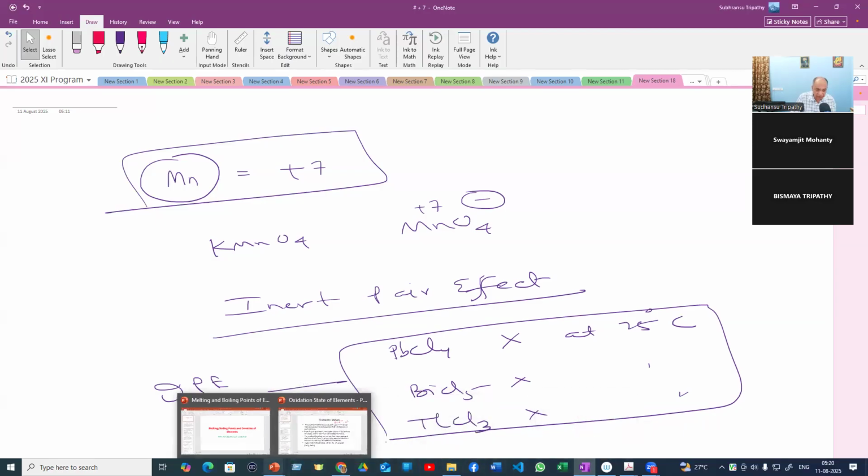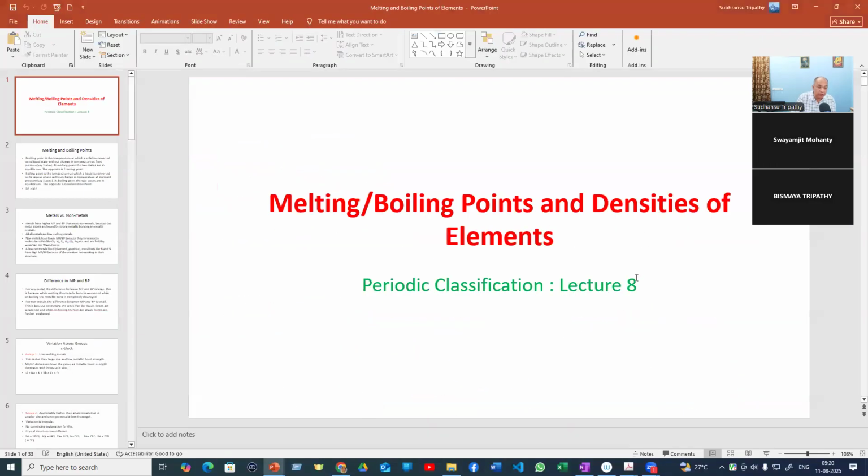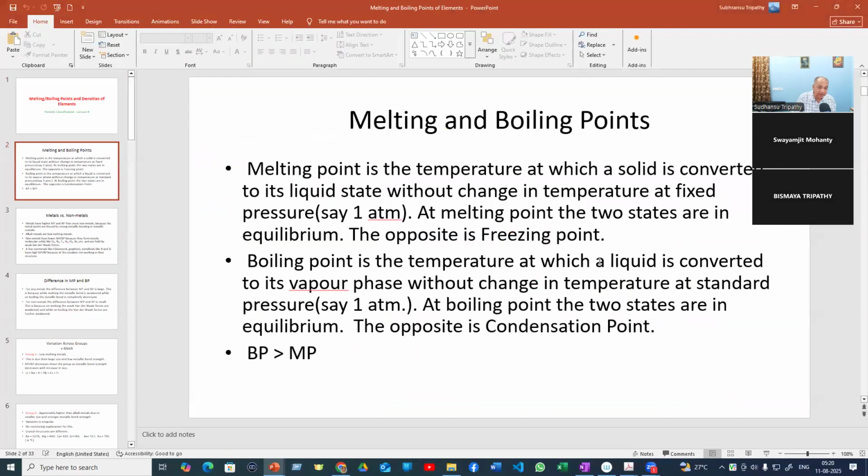Now, let me show you the melting point, boiling points, and densities. These are the things which we have to do. You know that melting point is the temperature at which a solid is converted to liquid. The phase changes from solid state to liquid state, temperature remaining constant by absorbing the latent heat of fusion, as you say.